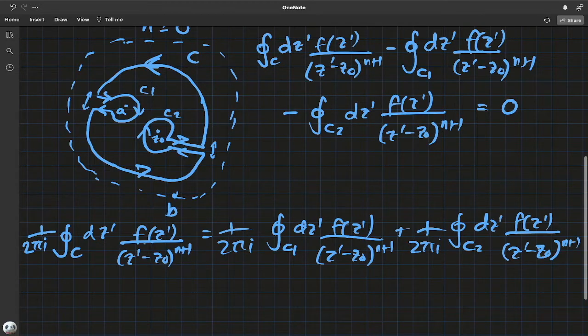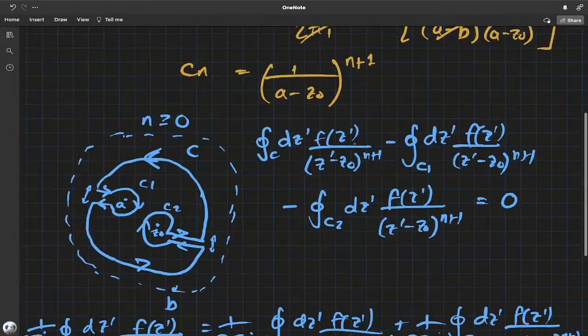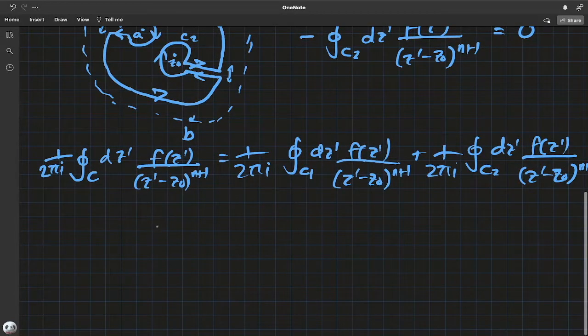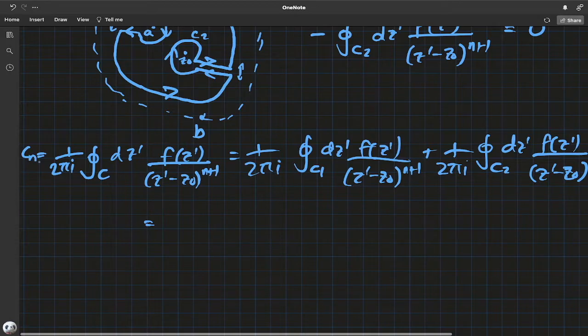That's why we can substitute in place of the integral over C, because this integral was for the coefficients. Fair enough. So we can evaluate these separately. You notice that this is Cn.